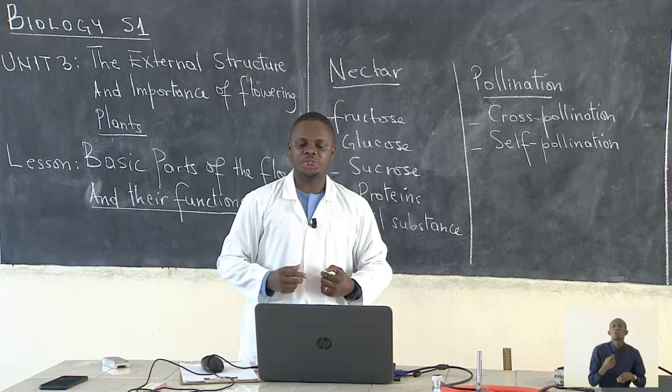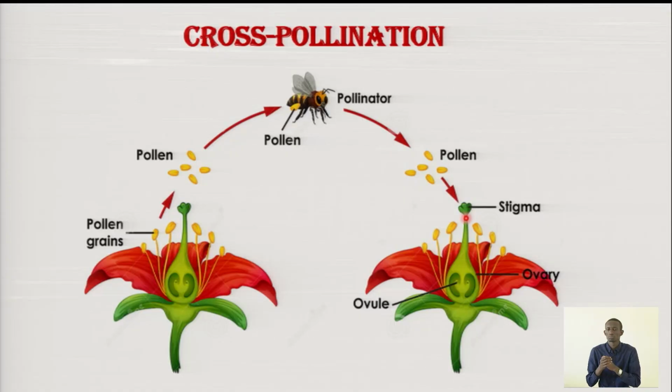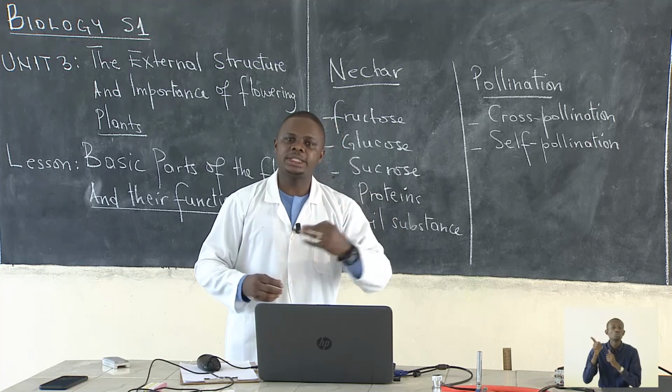And this pollination is very important because in that process, when pollen is stuck on the stigma, that means pollen grains are going to move through the pollen tube and go to the ovary. Remember, inside the ovary, we have ovules. These ovules are going to be fertilized by the pollen grain, and in that process, fertilization will take place.